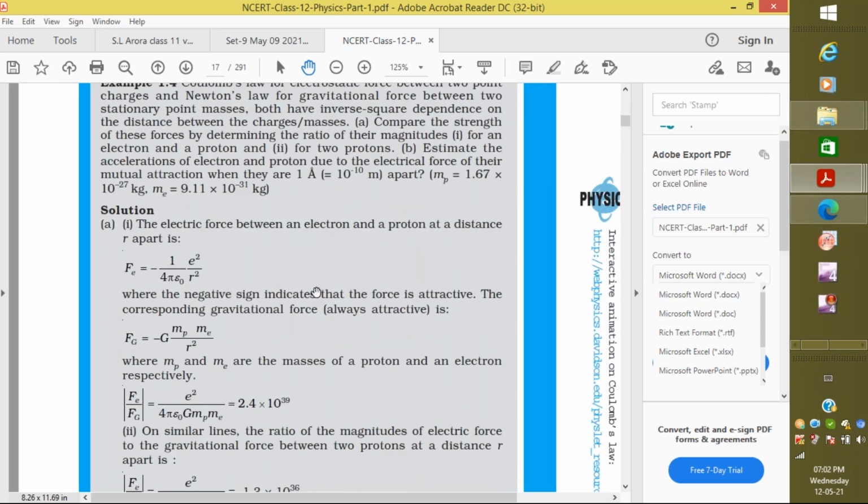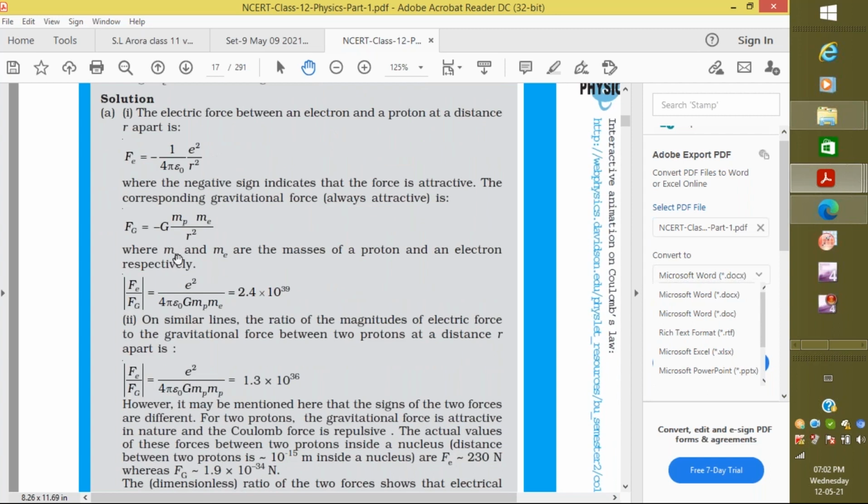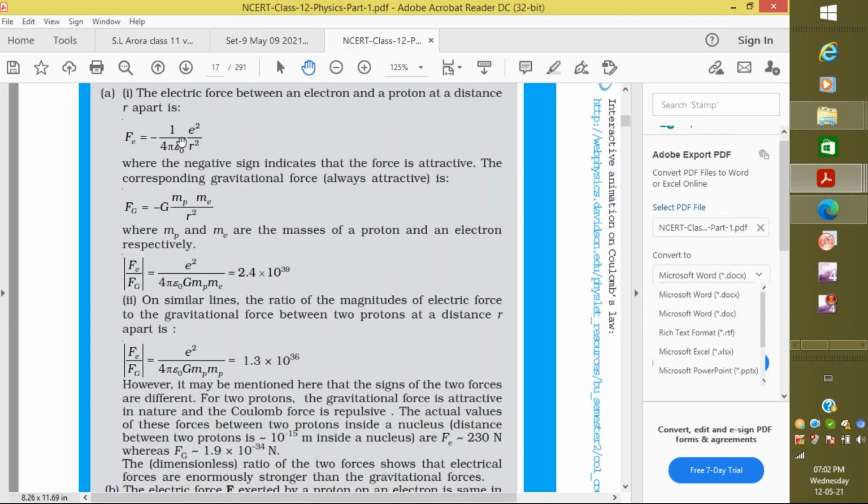G you can find out from your book. It is 6.6 into 10 to the power minus 11 in SI unit, the gravitational constant. And 1 by 4 pi epsilon naught is 9 into 10 to the power 9, and e is equal to 1.6 into 10 to the power minus 19.